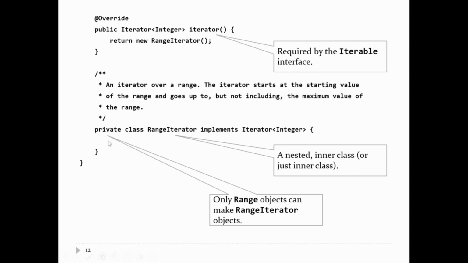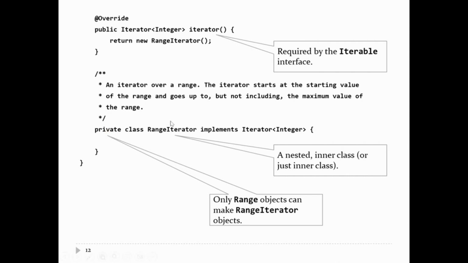Notice that it's private. A top-level class can't be private. Top-level classes can be public, or package private. You can't make a private top-level class, because no other class can see it, so it doesn't make any sense. You can make a private inner class, though.